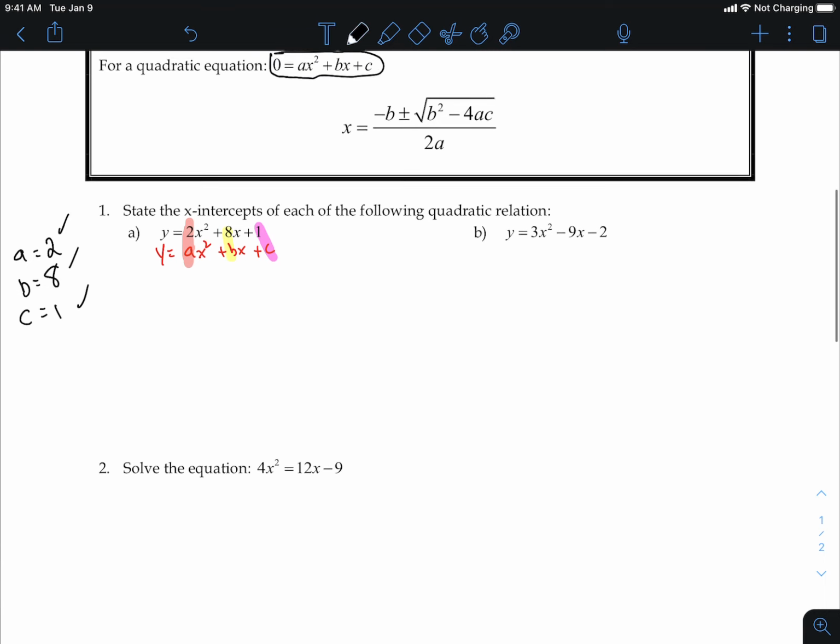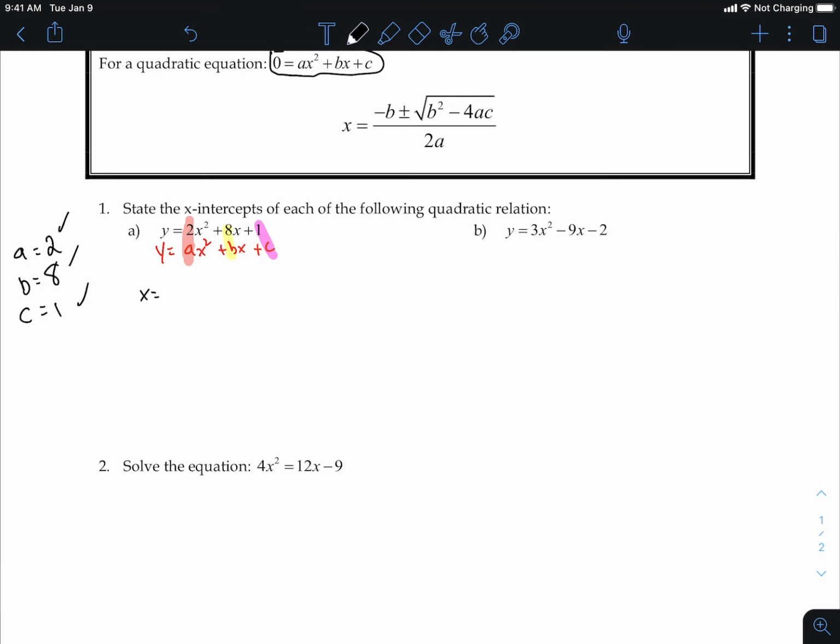Okay. Let's plug stuff in. X equals negative, that doesn't change, the b value is 8, plus or minus the square root of 8 squared minus 4 times 2 times 1, all divided by 2 times 2.